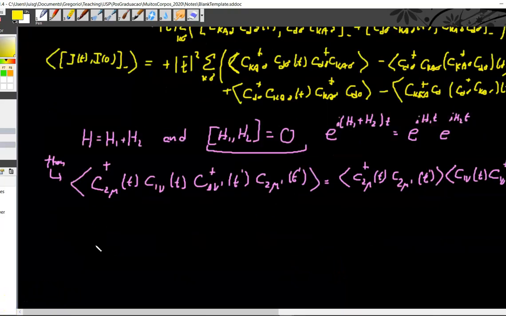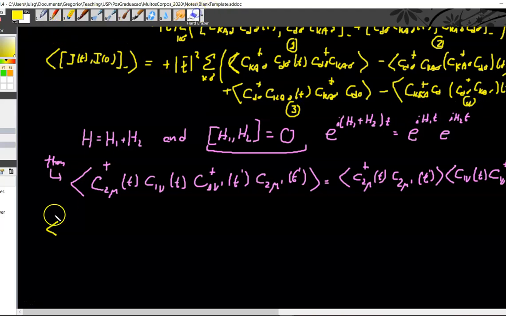So if this is true, then let's take, for instance, this term here. The first 2 terms here I would have to be written as, so let's call this 1, 2, and this is 3 and 4.